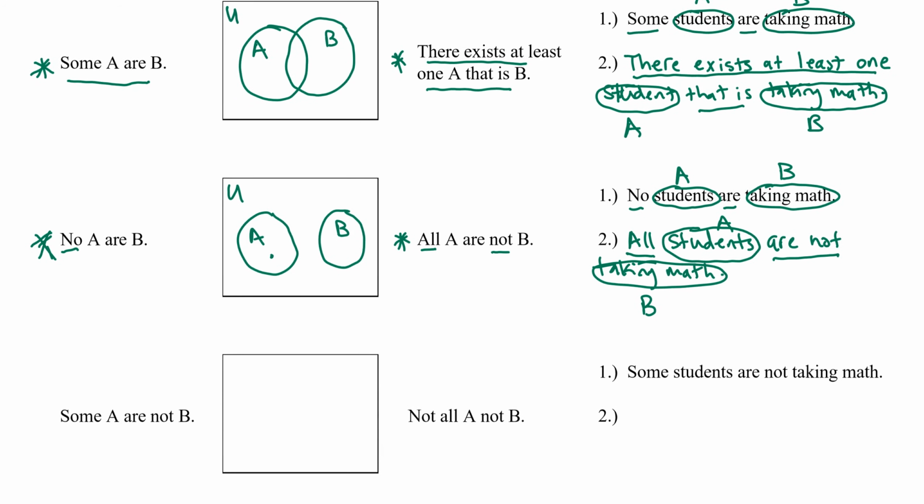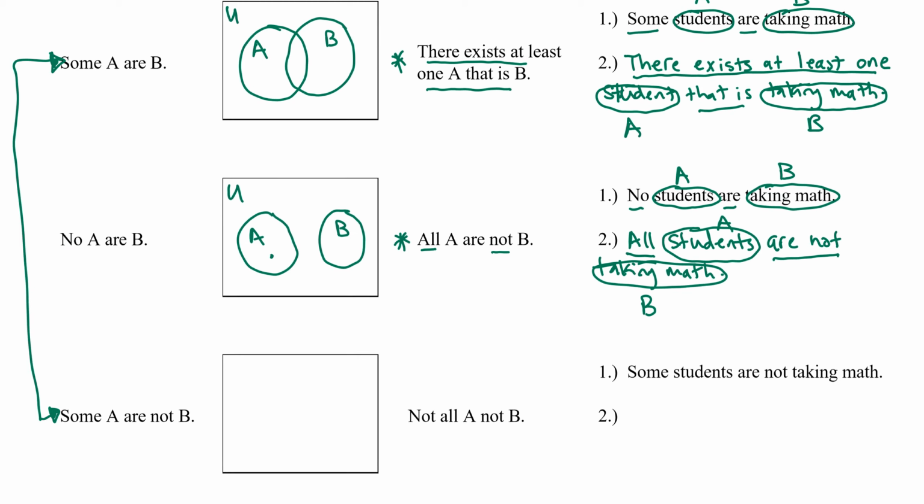Let's look at one more example here. Some A are not B. We've already looked at some A are B, so I want you to look at the relationship between some A are B and some A are not B. It sounds like we're forming the negation, right?